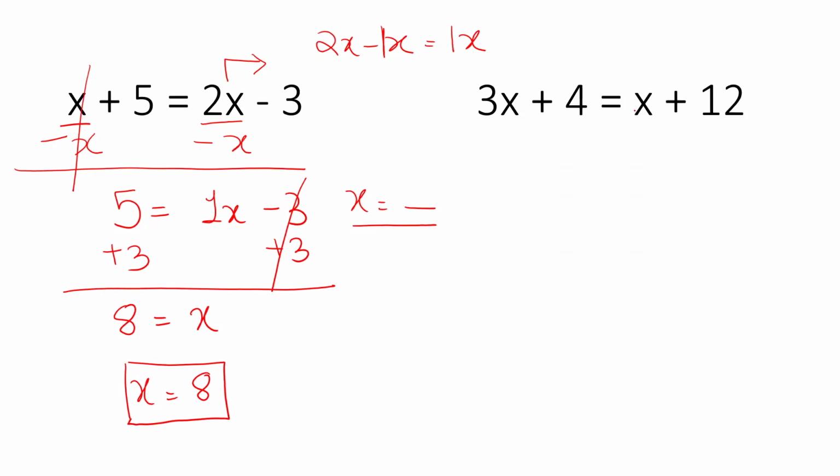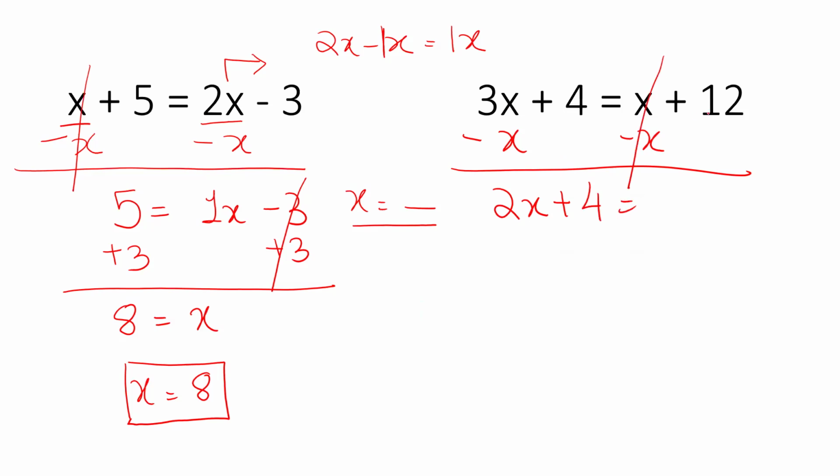Let's look at another example. Again, when we make a decision, we always start with the lower x. So here we are going to get rid of x from both sides. 3x minus x is just 2x. We have 4 there, equals 12.